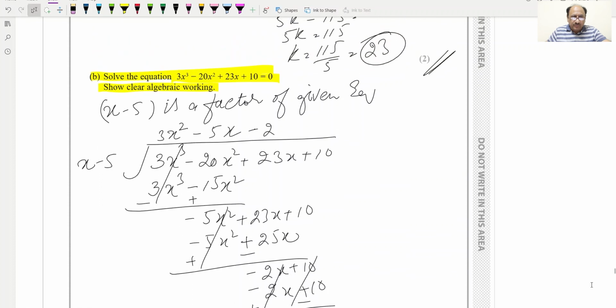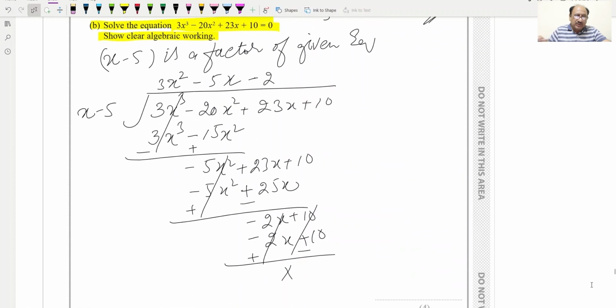So we got two factors, and x minus 5 is already a factor, we can write x minus 5, and the second thing which we got is this answer, 3x squared minus 5x minus 2. So this will be the factor which we want to factorize, and we can factorize it by the factorization method.